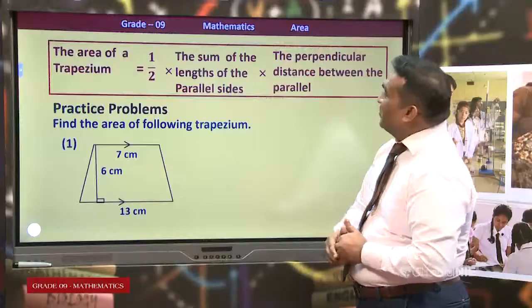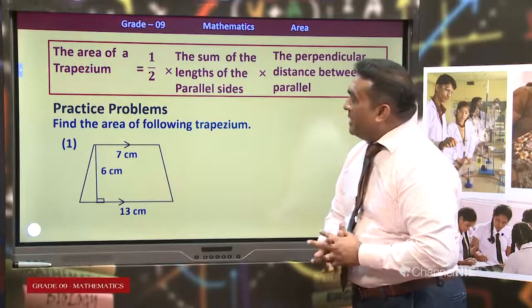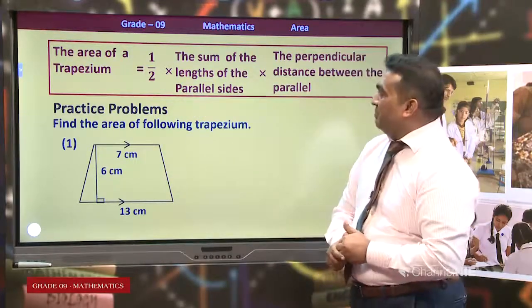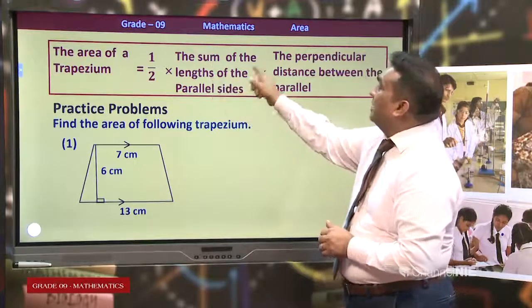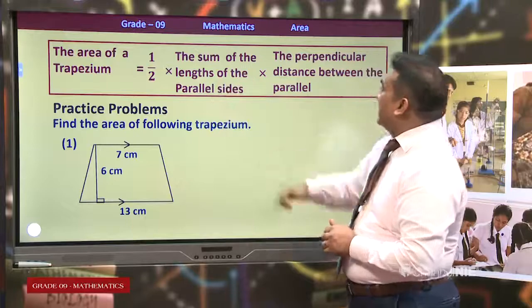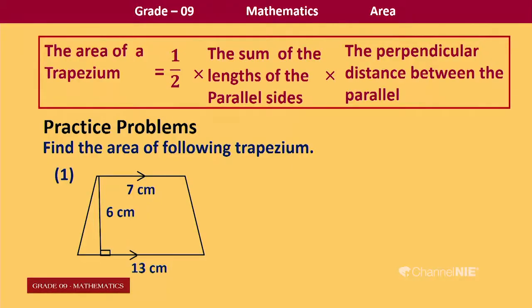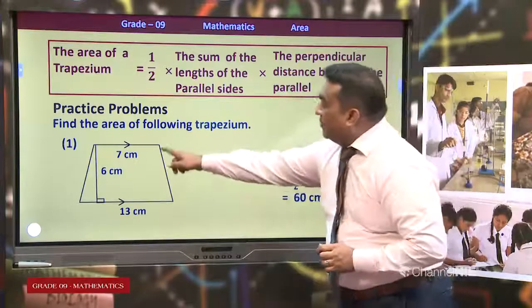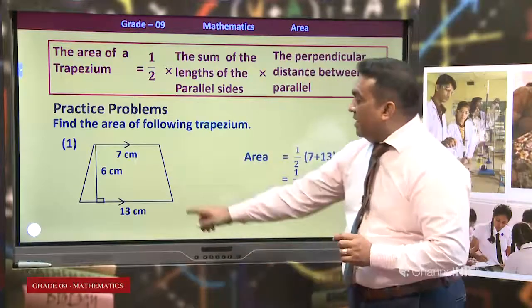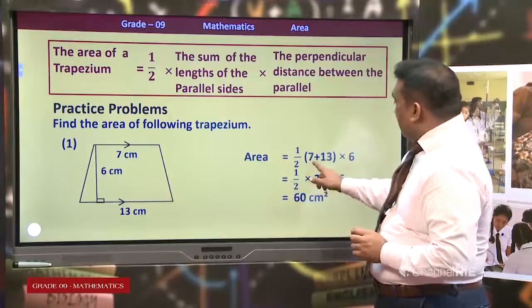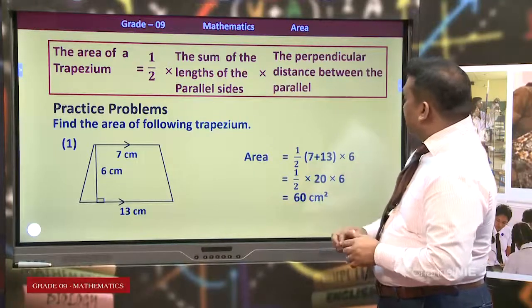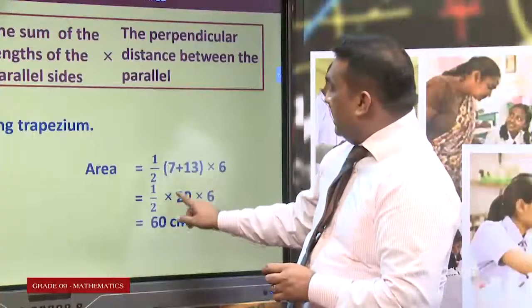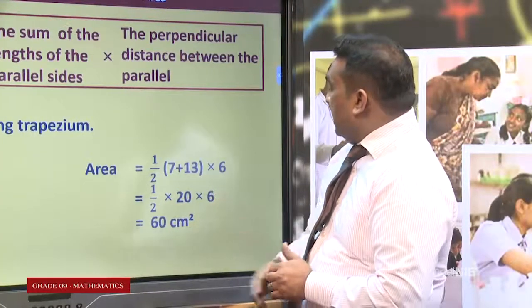Then we see that the area of a trapezium equals half multiplied by the sum of the lengths of the parallel sides and the perpendicular distance between the parallel lines. Now, we can see that the sum of lengths of two parallel sides is 13 and 7, then 7 plus 13 multiplied by 6, half multiplied by 20 multiplied by 6.